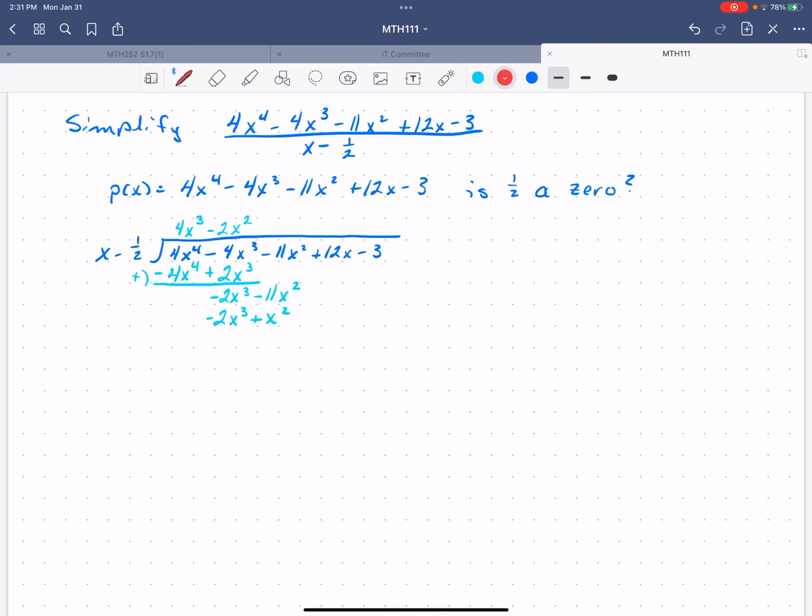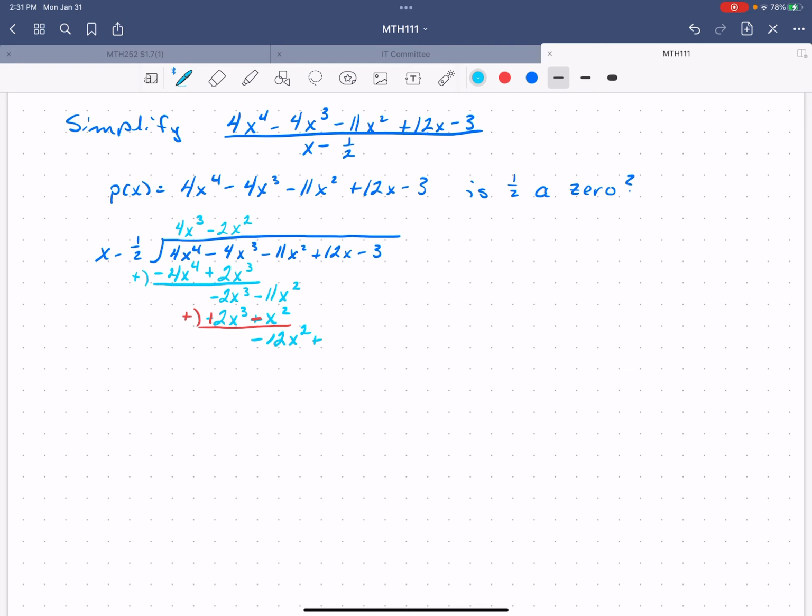But now I'm subtracting, so I'm going to reverse those signs so that I can add. Whoops, nope, sorry. See, this is why I do that. That's now a minus sign. Negative 11 minus 1 is negative 12x^2.